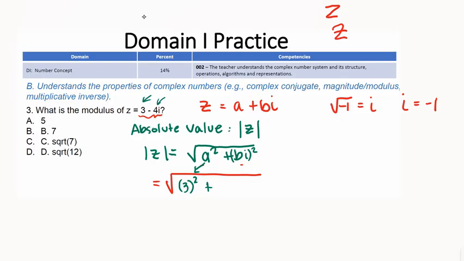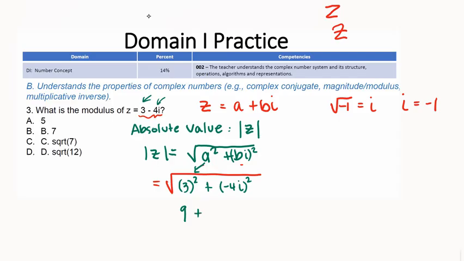So I'm going to write here, plus negative 4i, squared. All right, here we go. Help me, what's 3 raised to 2, or 3 times 3? 9.